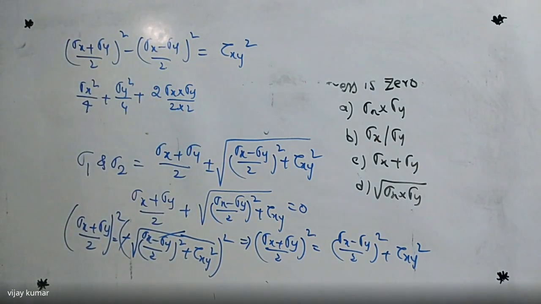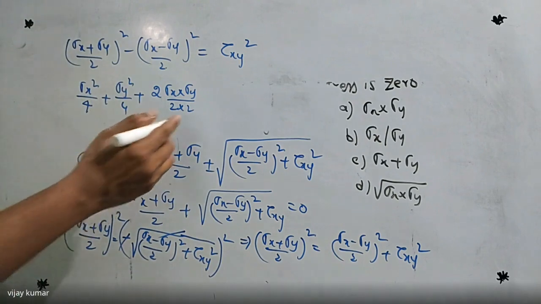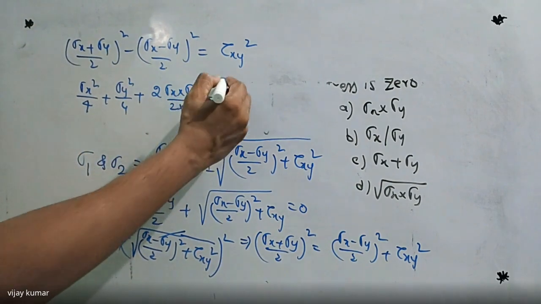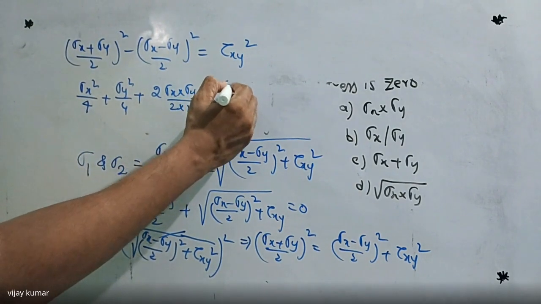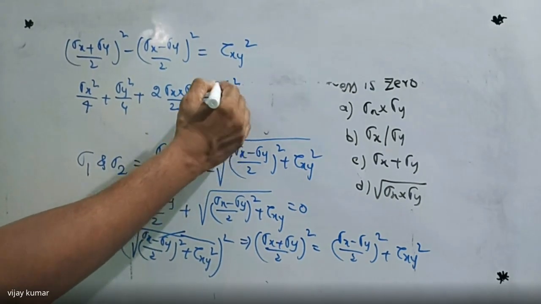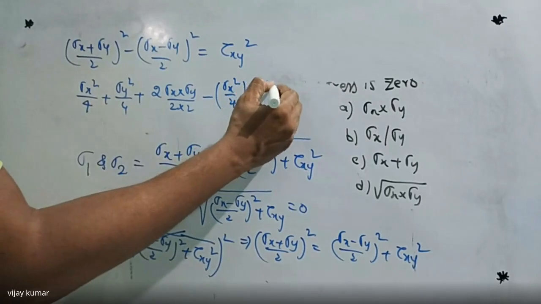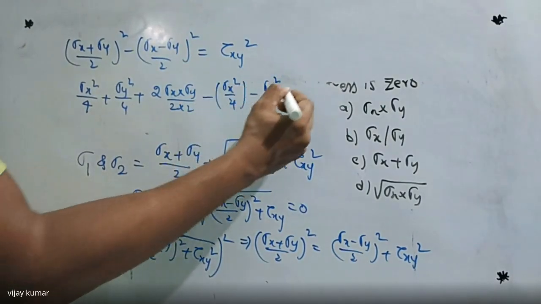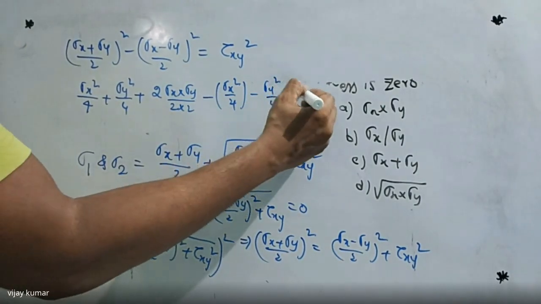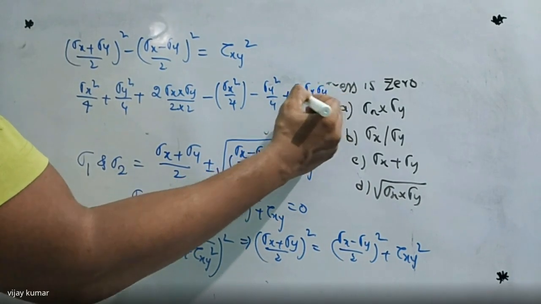Minus, the same we get here, sigma x square by 4, minus sigma y square by 4, plus 2 sigma x into sigma y by 4.